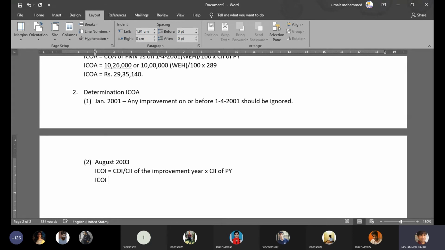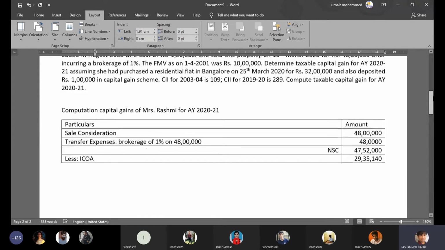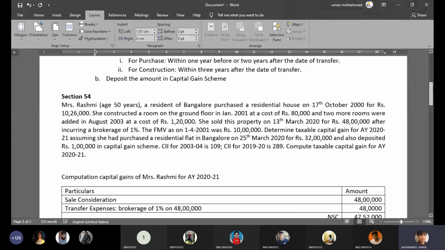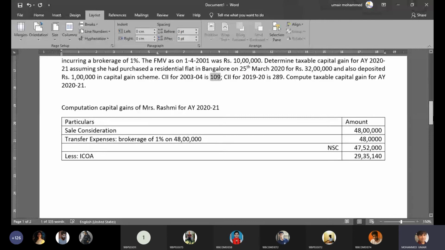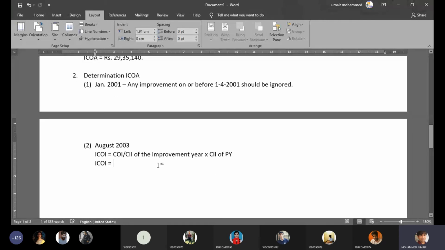Let's calculate the amount now. So CII and cost of improvement. So cost of improvement is how much? 1,20,000. And what is the CII of improvement year? Improvement year is 2003-04 and the CII is 109. Cost of improvement divided by CII, which is 109, multiplied with CII of previous year, which is 289.